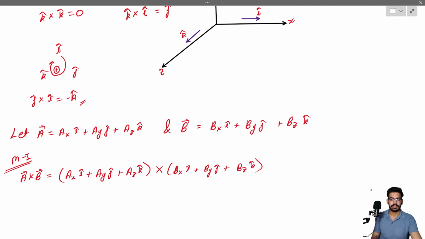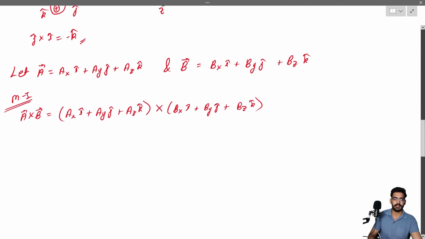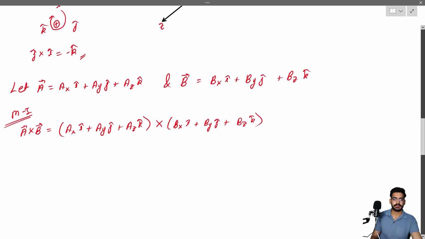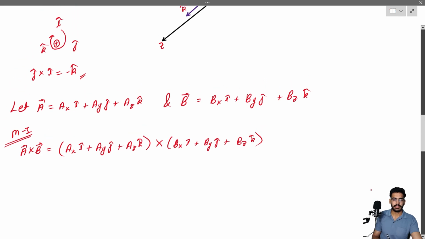So let's write down the quantities we have. A cross b: first, this is going to be 0, plus ax i cross j, that is k cap, so ax by k cap.